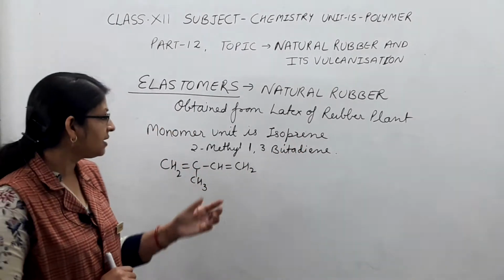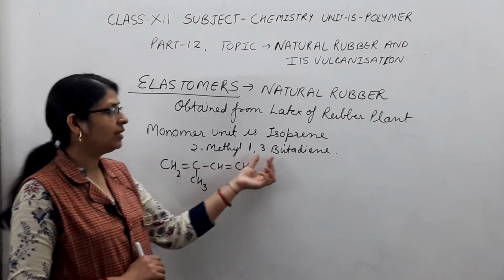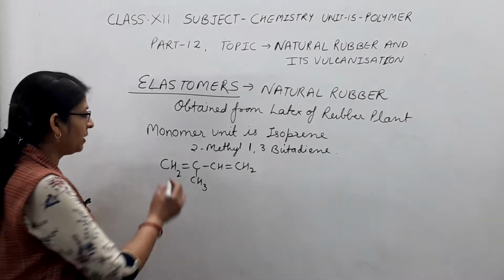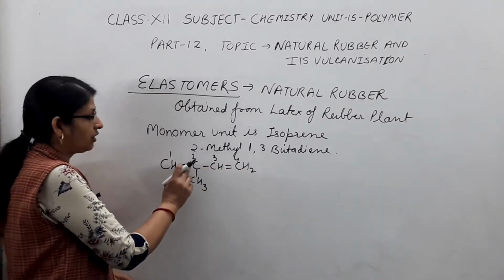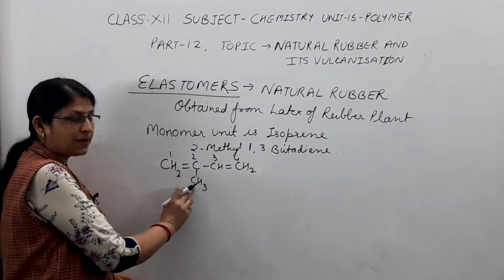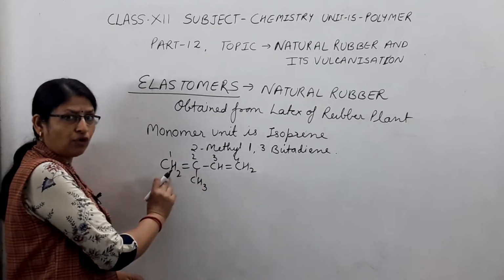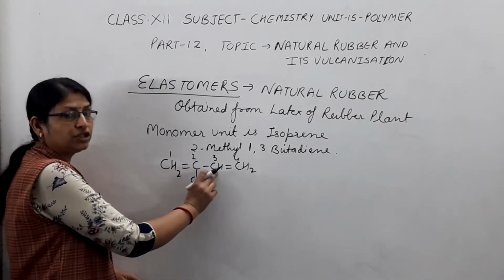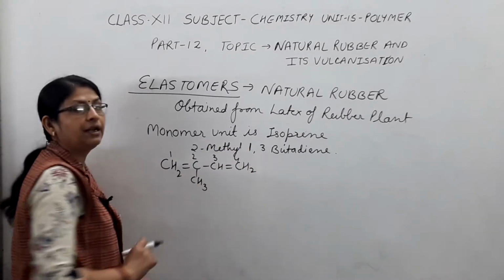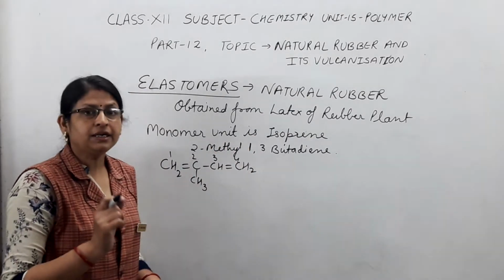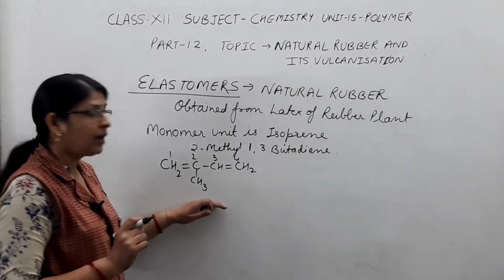Its IUPAC name is 2-methyl-1,3-butadiene. Numbering 1, 2, 3, 4: at the 2 position a methyl group is present, there is a chain of 4 carbons, and at the 1,3 positions double bonds are present. So its name is 2-methyl-1,3-butadiene. It is a monomer unit.